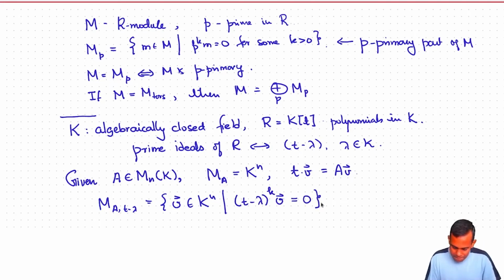And this is sometimes called the lambda generalized eigenspace of A.